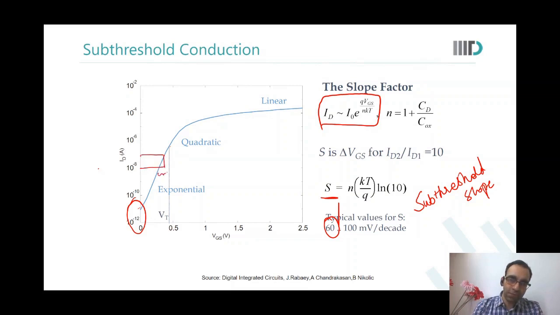So this should be 60 millivolts. But in reality, it is anywhere between 70 to 100. The lower it is, the better that technology is. But there are other reasons because of which it cannot really come to 60. 60 is a theoretical limit for silicon.